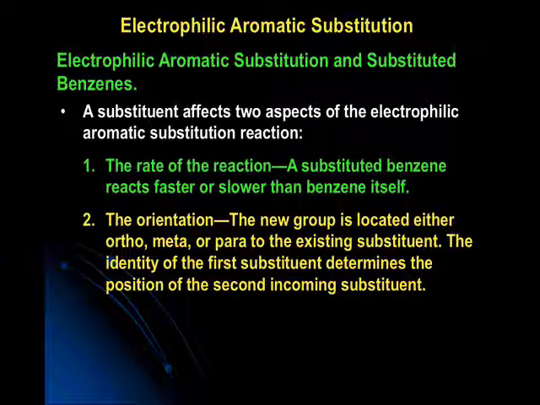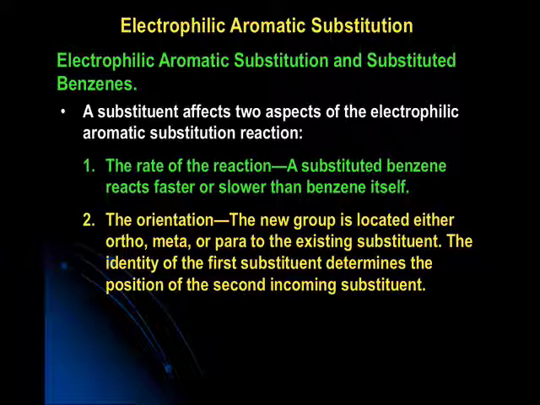And it turns out that alkyl groups are ortho-para directors. You'll end up with like 95% of the product being a mixture of ortho and para, and very little meta, if any. Okay? So it's this starting group that tells us whether or not it's going to be activated or deactivated.